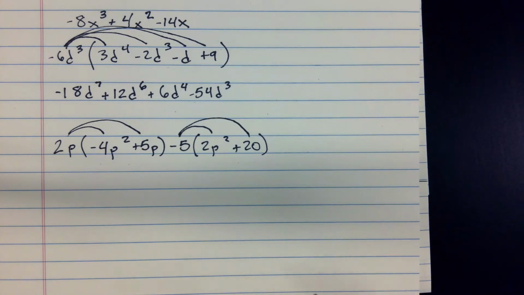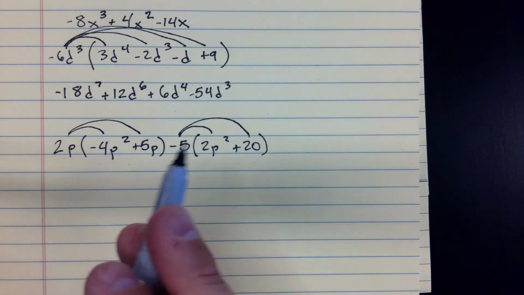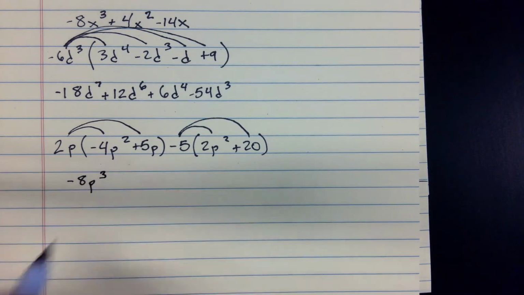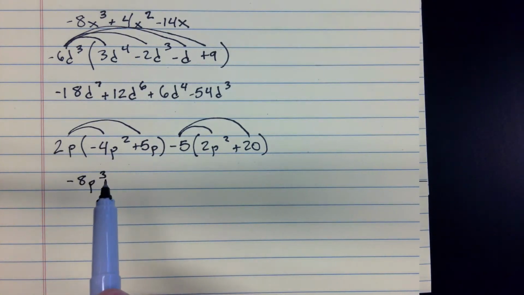Okay, so right now we're working on simplifying these expressions. 2p times negative 4p squared is negative 8p cubed. Does everyone understand how I'm getting negative 8p cubed? I multiply the whole numbers, I add the exponents.